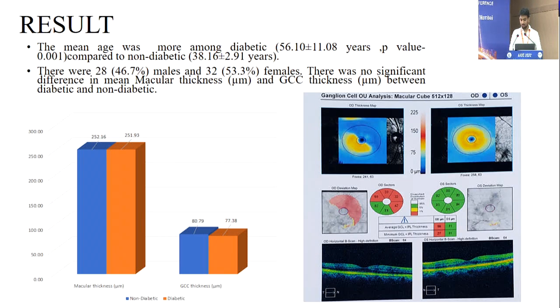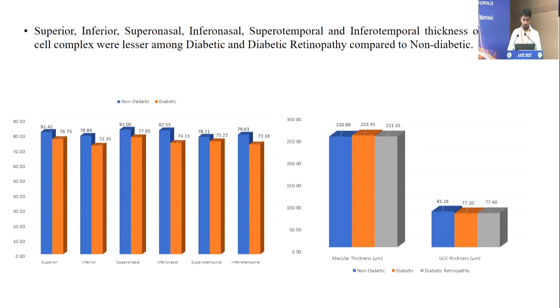And then this is the chart showing the various sectors in which the thinning can be seen, like in the superior, supranasal, supratemporal, and the inferotemporal region. These were the different results which we got, like in superior, inferior, supranasal, supratemporal, and inferotemporal thickness.